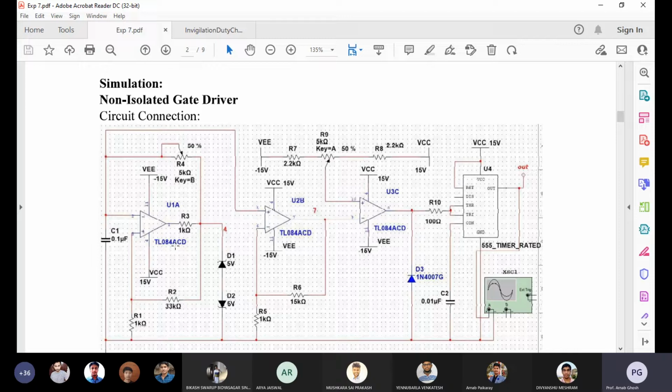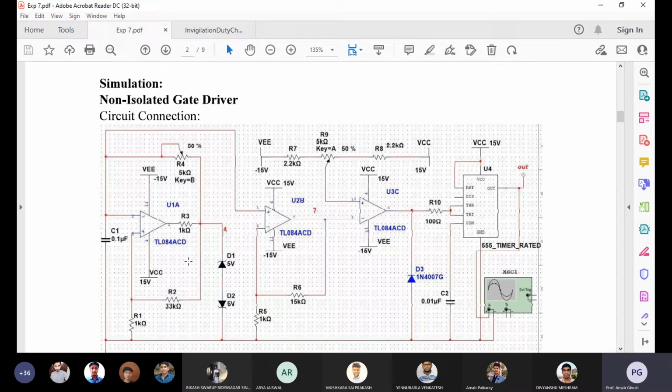Here we can see three circuits. First, the purpose of this circuit is to generate the triangular waveform. We are using an R and a C, an RC circuit, which is responsible for generating the slope.